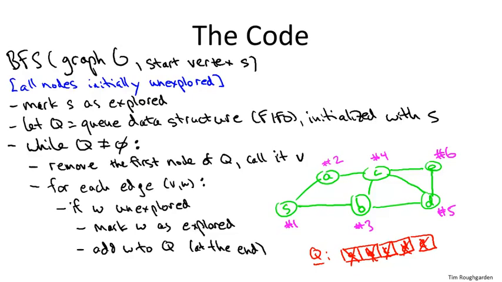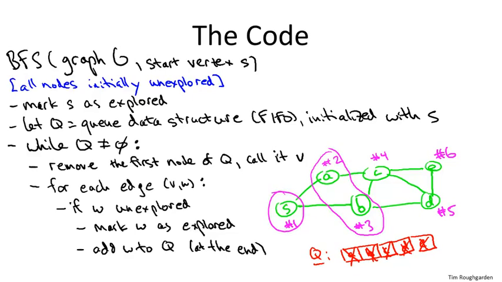And to see how this simulates the notion of the layers that we were discussing in the previous slide, notice that the nodes are numbered according to the layer that they're in. So S was layer 0, and then the 2 nodes that S caused to get added to the queue, the A and the B, are numbered 2 and 3.